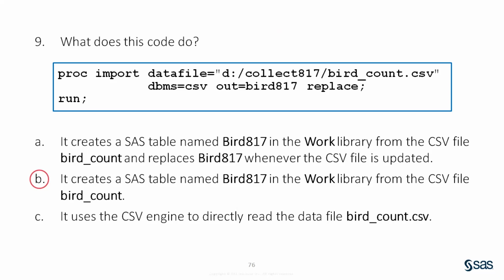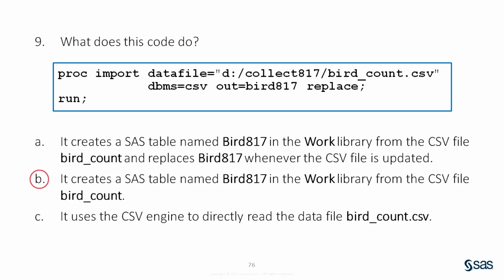But it has a replace option, so it will replace the file whenever we update? Not until we submit it. Yes, it will update at its backend, but until you resubmit it, it will not get replaced for the updated values. That's what it is asking.